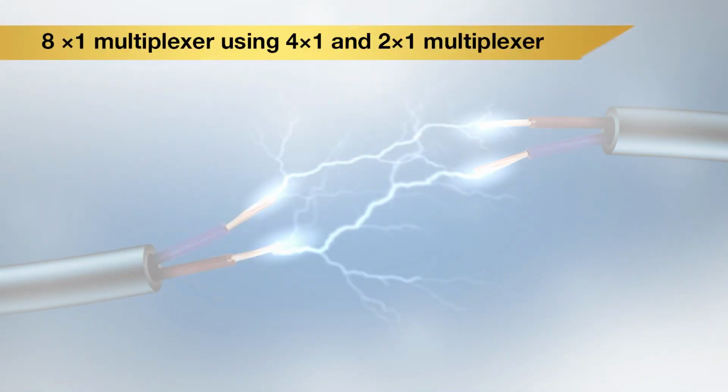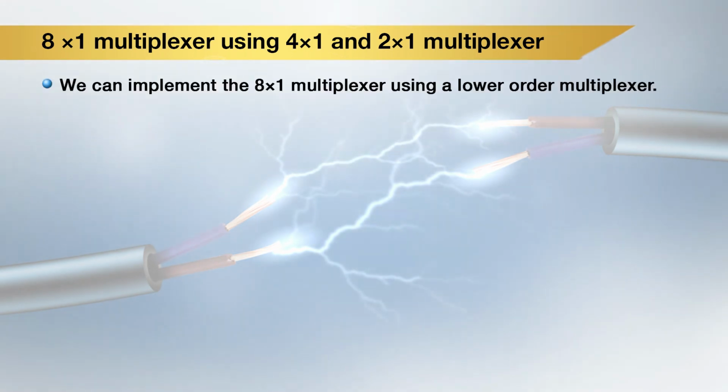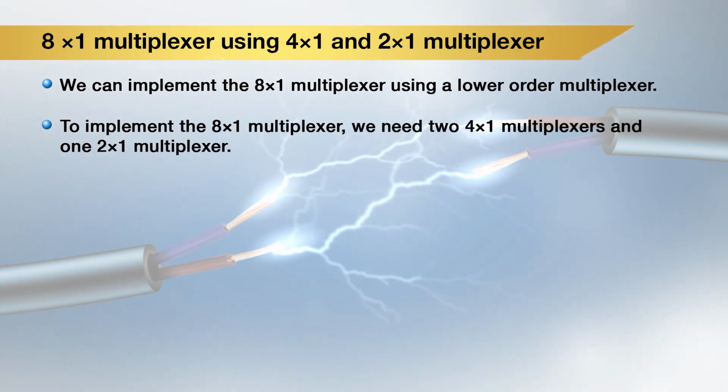So let's discuss an 8:1 multiplexer using 4:1 and 2:1 multiplexers. We can implement the 8x1 multiplexer using lower order multiplexers. To implement an 8x1 multiplexer, we will require two 4:1 multiplexers and one 2:1 multiplexer.